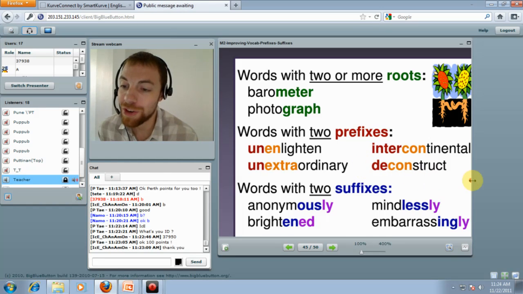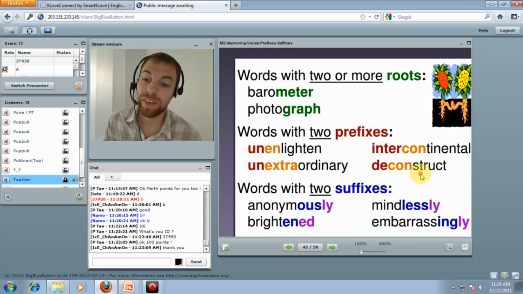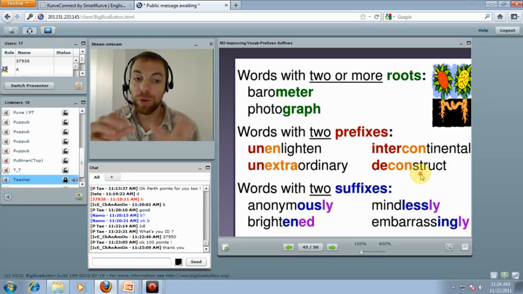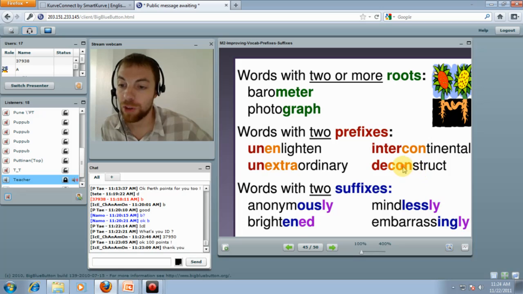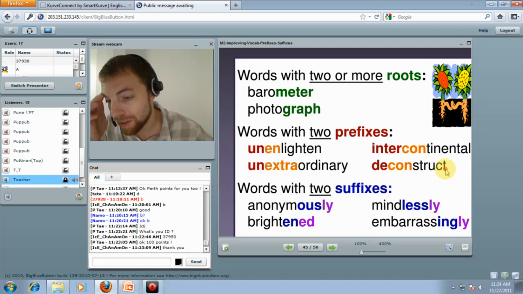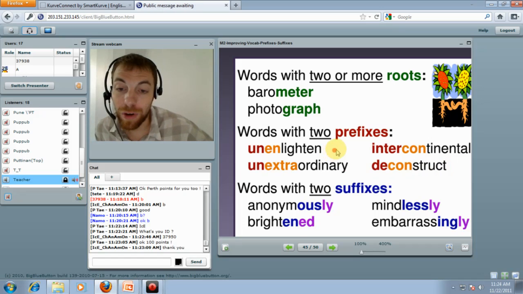So deconstruct is to take apart something you made. So you build a house and you deconstruct, take it apart, make it nothing. Construct is to make, deconstruct is to not make. So there are some words that have two prefixes. And this word, de, is the most important part because it means you are undoing something.